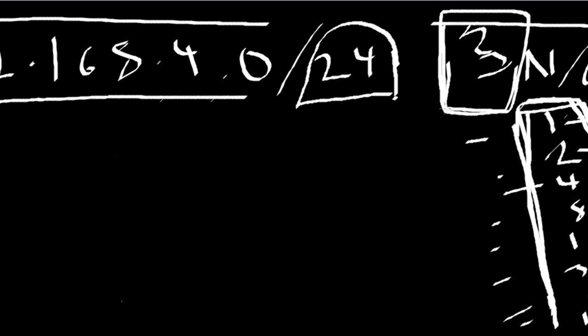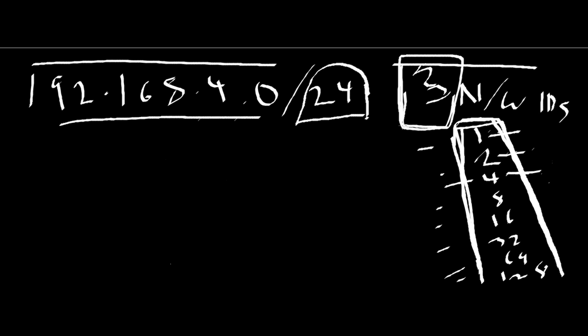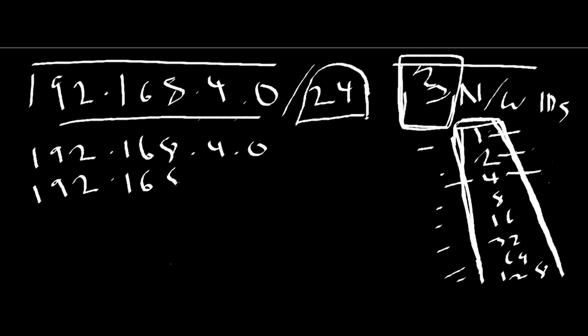So what do we do now? 192.168.4.0. This is your first network. You could be asked, what is the next network after your first network? You need to know that. That is this one, 64.